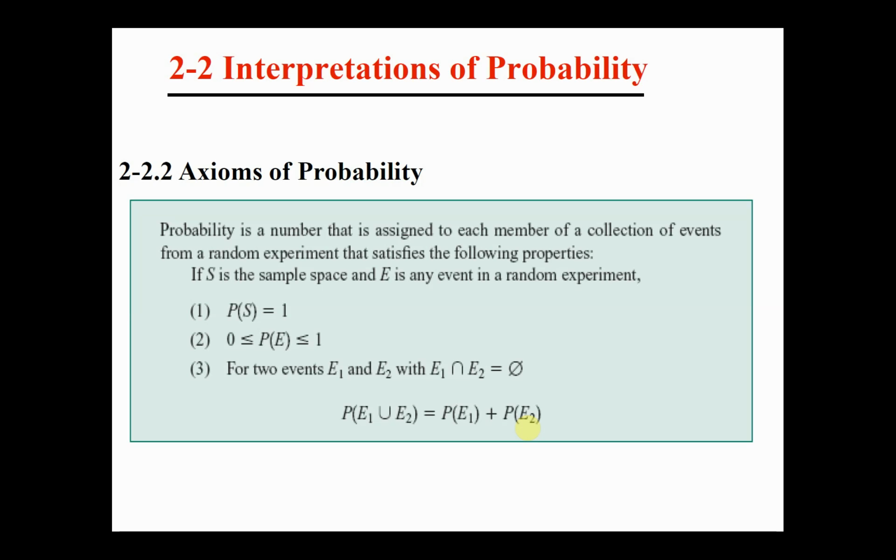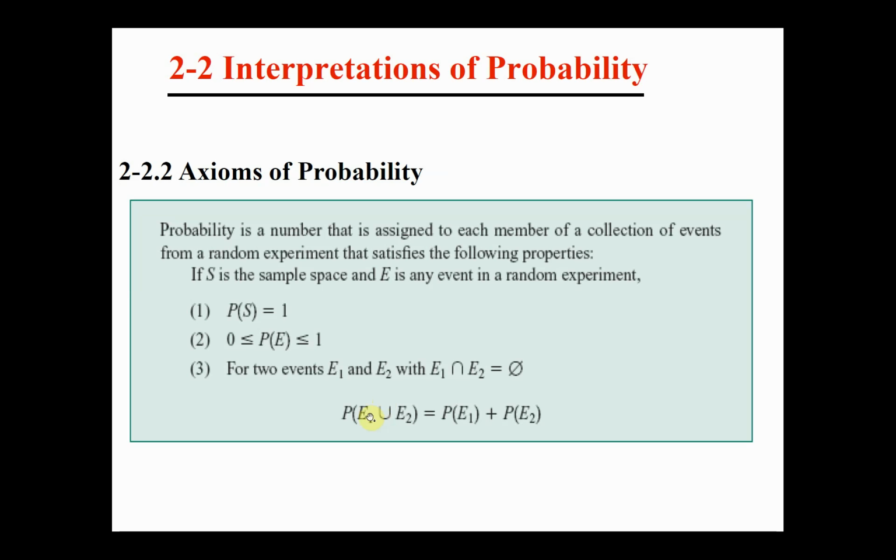And I want to ask myself the question, what is the probability that you get an A or you get a B? What is the probability of the first event union the second event? What's the probability that this happens or that, it is simply the sum of these probabilities because they don't intersect. They don't have anything in common.